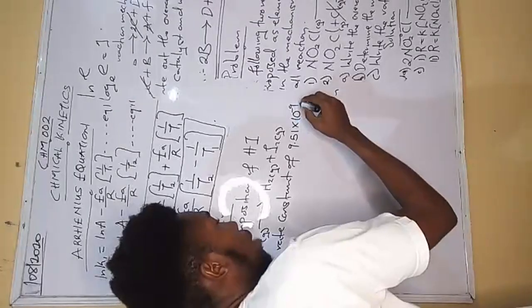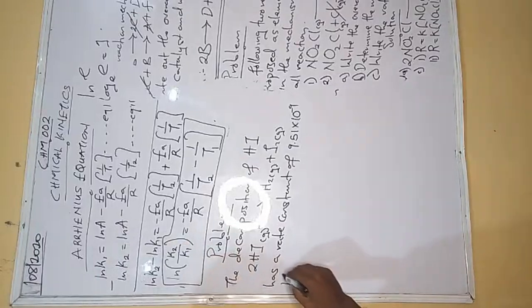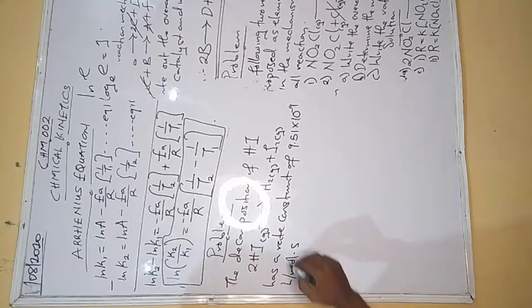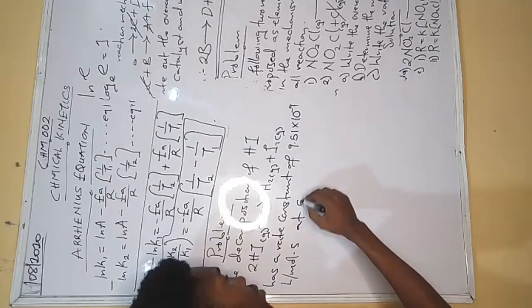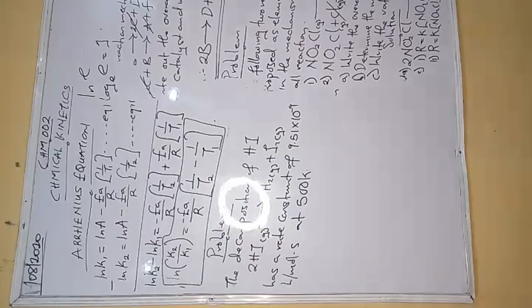They put the unit liters per mole per second. That is the unit of that rate constant there, at 500 Kelvin. Please, you always work with Kelvin for your temperature.